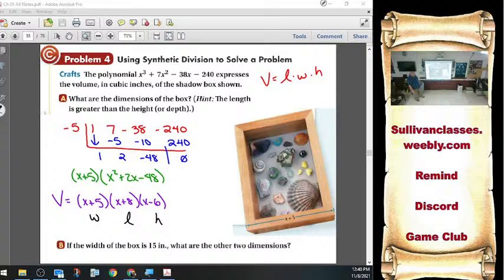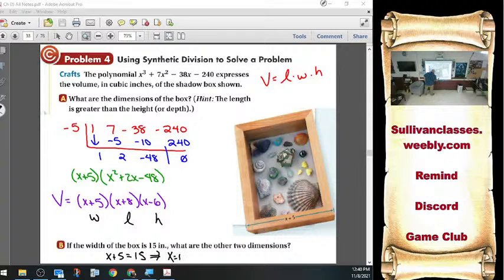Then part B, if the width of the box is 15 inches, what are the other two dimensions? So I said the width, x plus 5, is 15 inches. So what's x? 10.